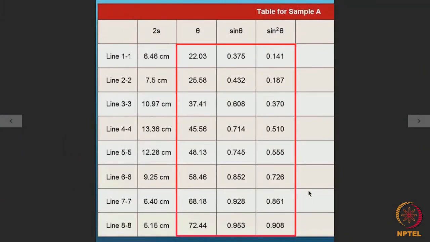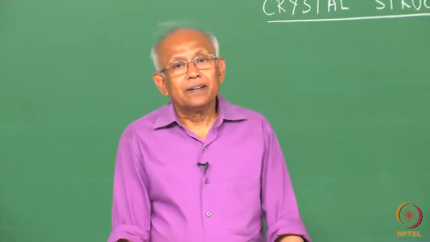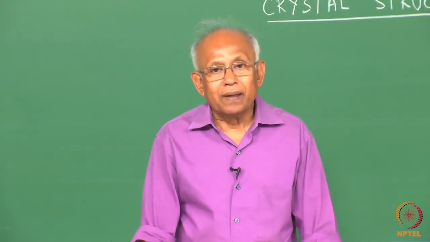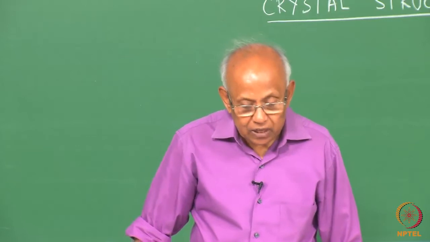Say for a particular case, we have 8 lines and we have measured all the 2s's in this fashion, from which I can find out the value of theta, sin theta, and sin square theta for each line pair. To begin with, we assume that the material has the simplest crystal structure, say cubic.